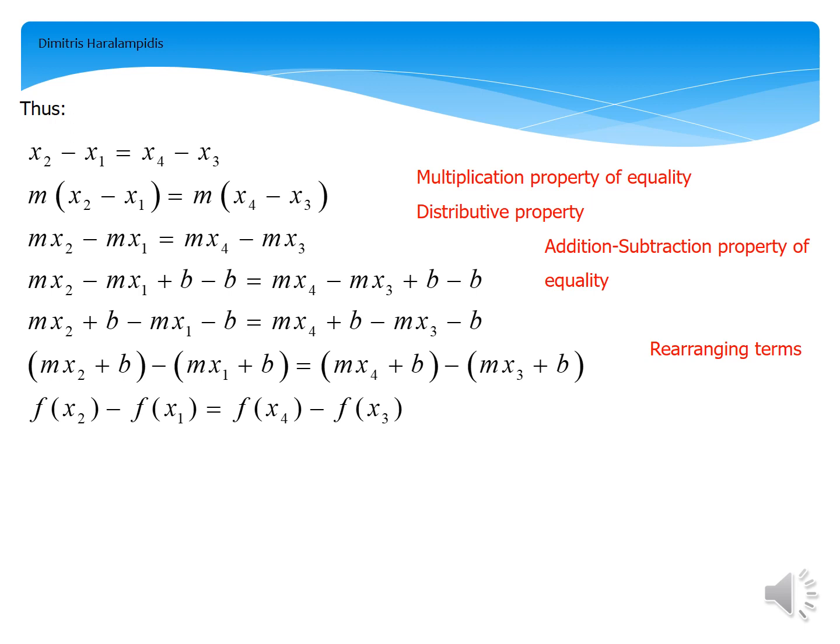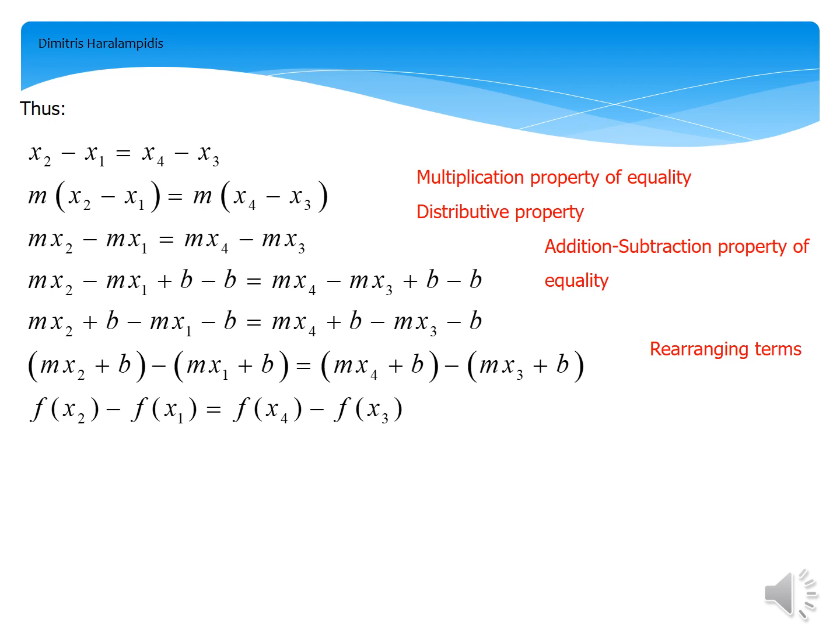Our next step will be to apply the addition-subtraction property of equality. As you can see, we add and subtract at the same time in both sides the number b, and we get that mx2 minus mx1 plus b minus b equals mx4 minus mx3 plus b minus b.